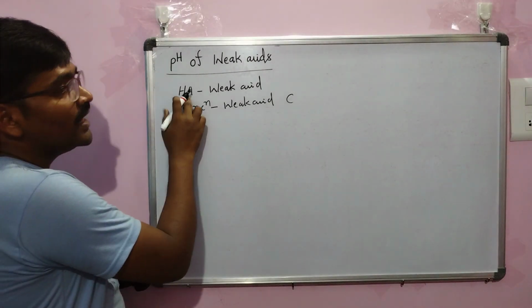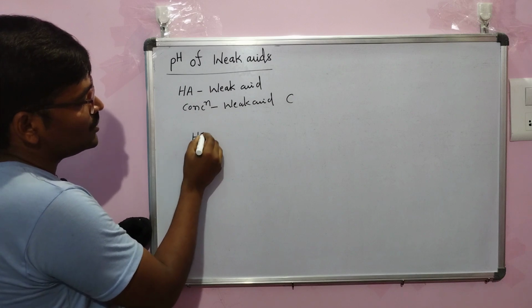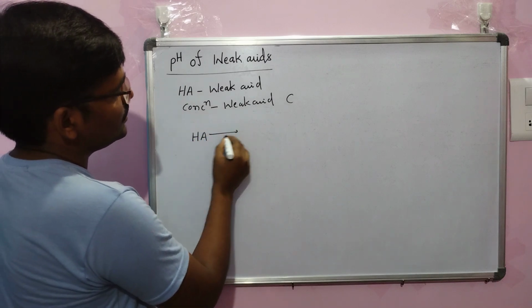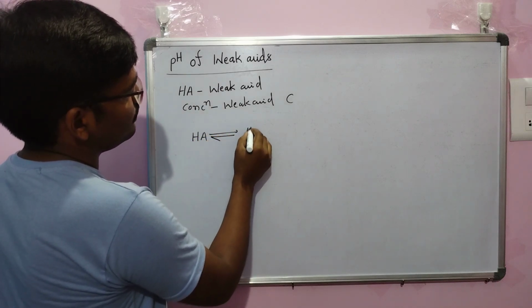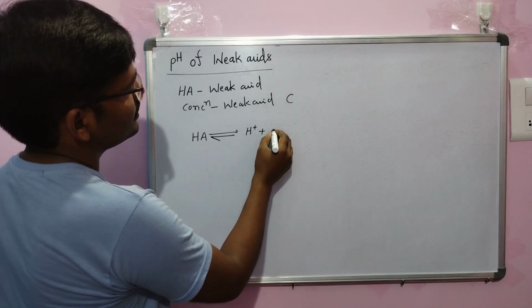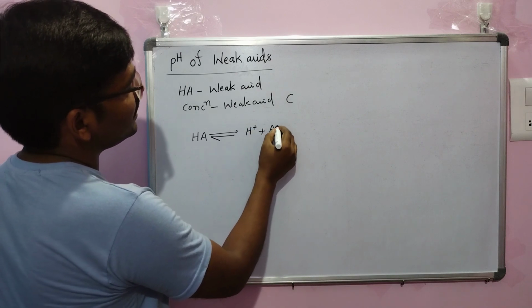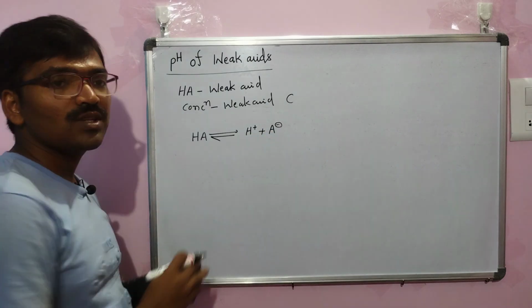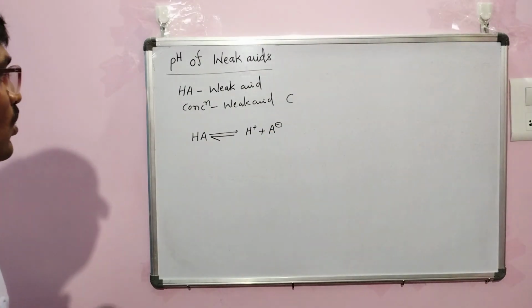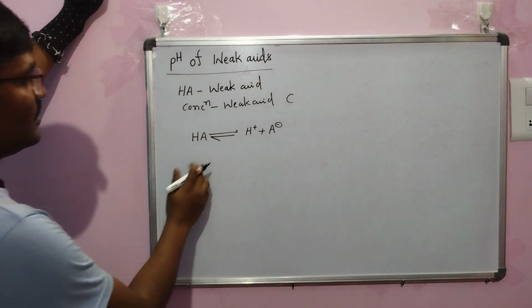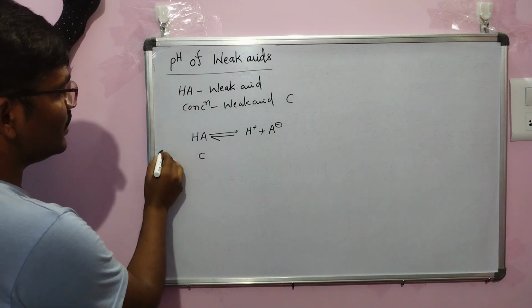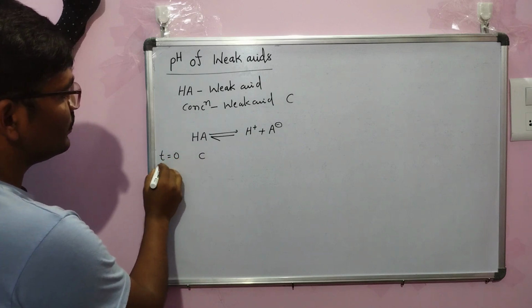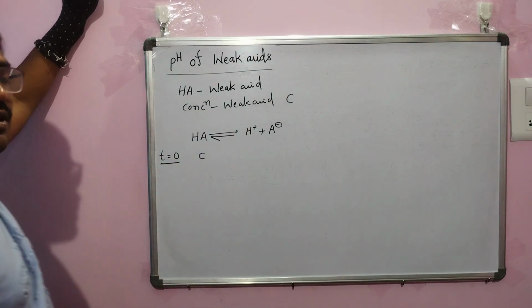When ionization takes place, HA dissociates into H plus ion concentration plus A minus ion concentration. Here we have C at time t equals 0.